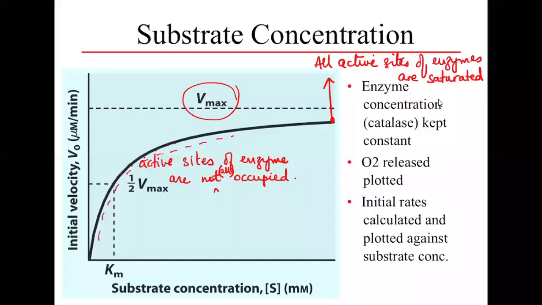What is plotted on the x-axis? Anyone can answer. Keep yourself unmuted, both of you. Yes, what is plotted on the x-axis? This is the concentration of the substrate. What is plotted on the y-axis? This is the initial velocity.